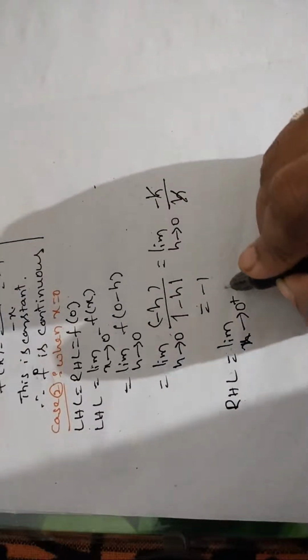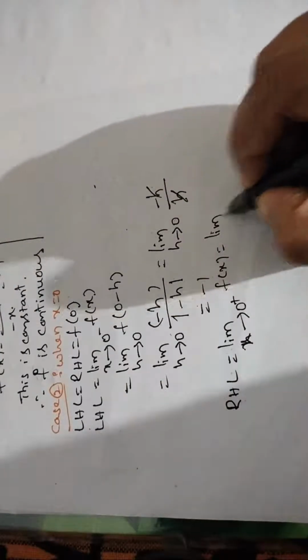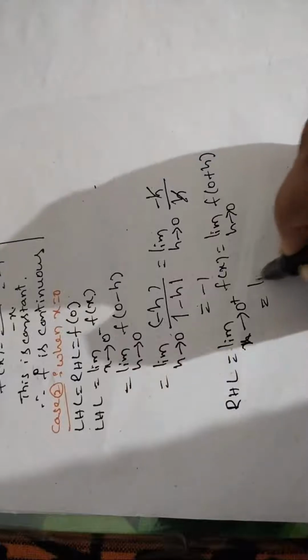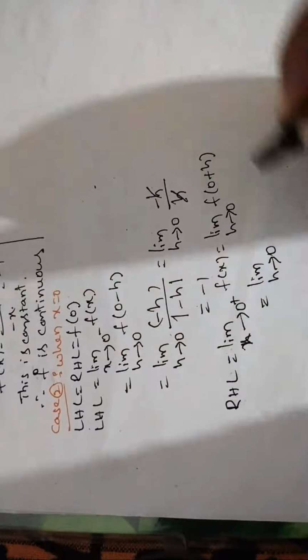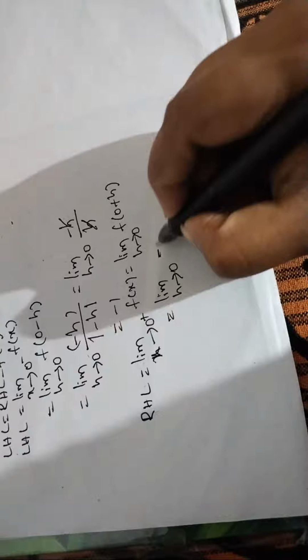So 0 plus f of x, that equals to limit h tends to 0 f of 0 plus h. Now f of 0 plus more than 0. The function when it is more than 0, the function is minus 1. So the answer is minus 1.